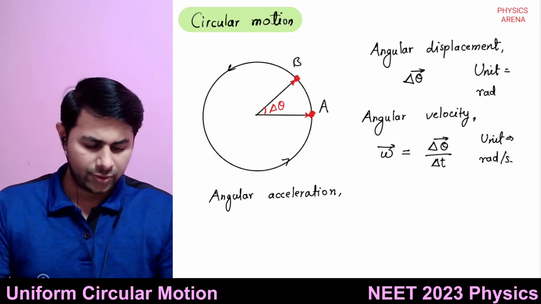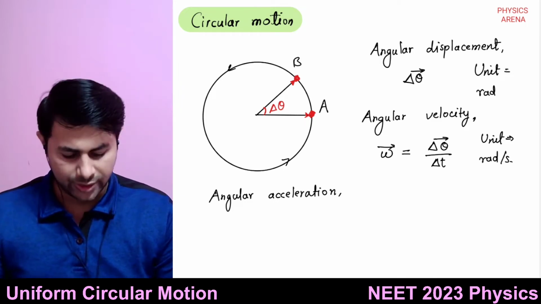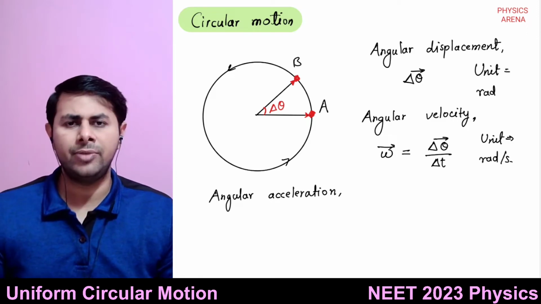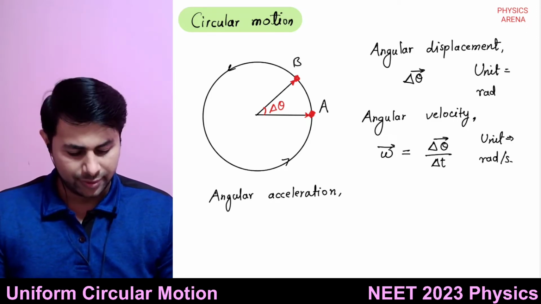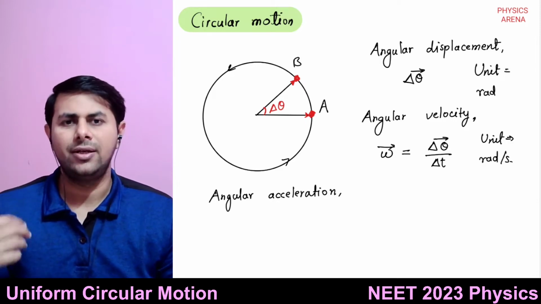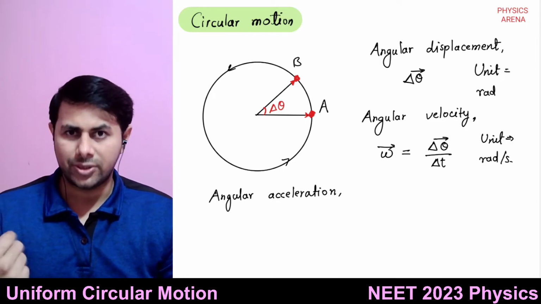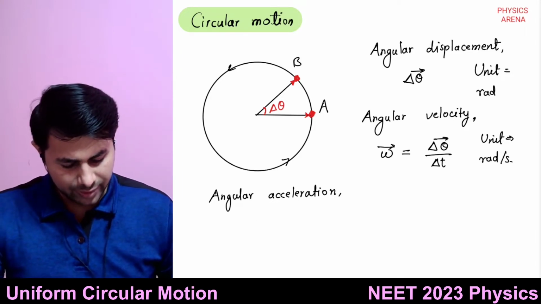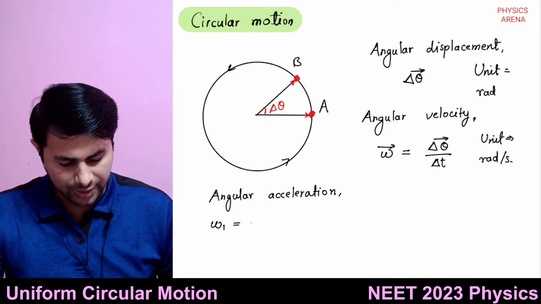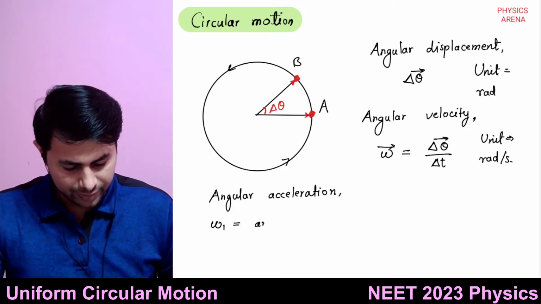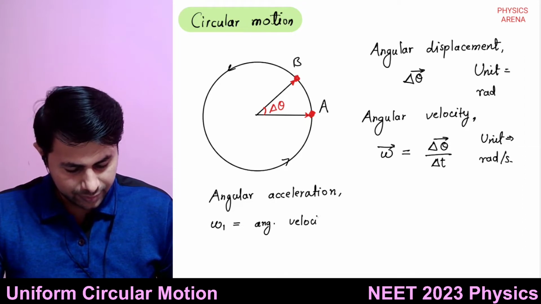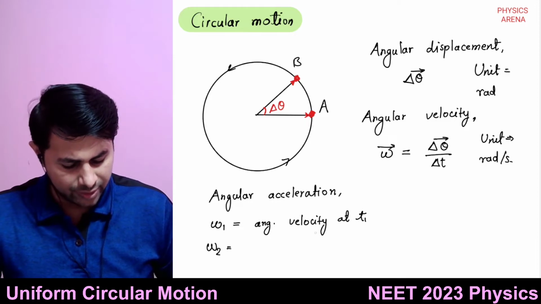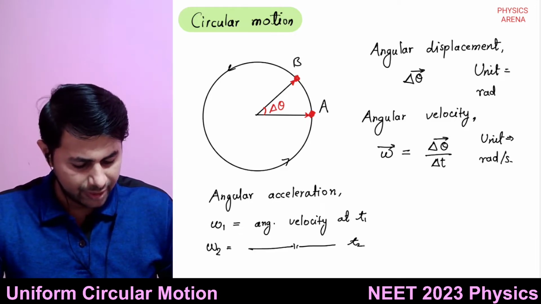If a particle moving in circular motion speeds up or slows down, then there will be some angular acceleration. If the particle is moving fast, angular velocity will be more; if it is moving slow, its angular velocity will be less. Suppose omega 1 is the angular velocity at time t1, and omega 2 is the angular velocity at time t2.